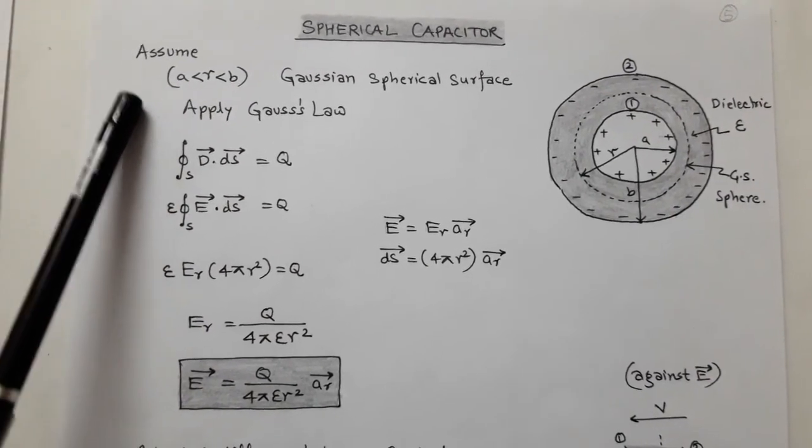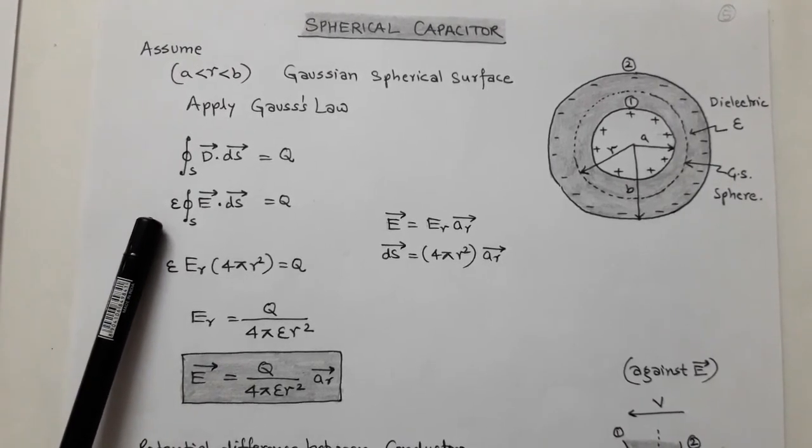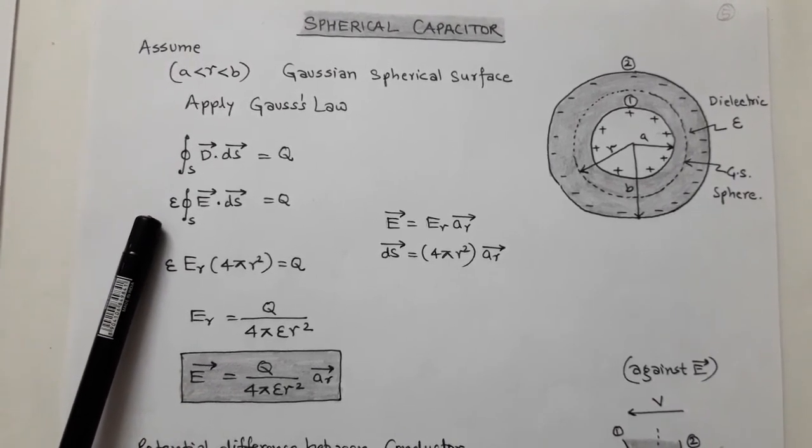Now we apply Gauss's law: the closed surface integral of D dot dS is equal to q enclosed. Here D is equal to epsilon E.